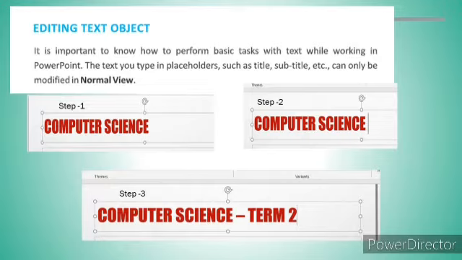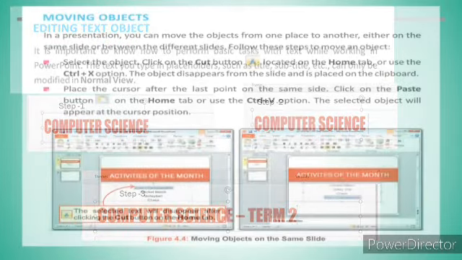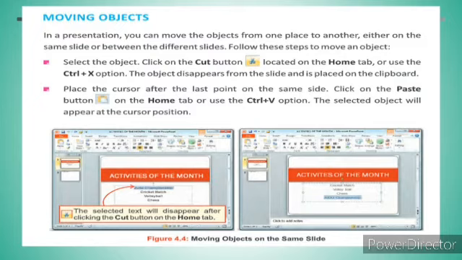Click on the placeholder and type the necessary text. For example, computer science. If you want to make any changes, refer to step 2. Place the cursor where you want to make the changes. Step 3 shows you that we have entered a text. Likewise, we can make changes in the placeholder.